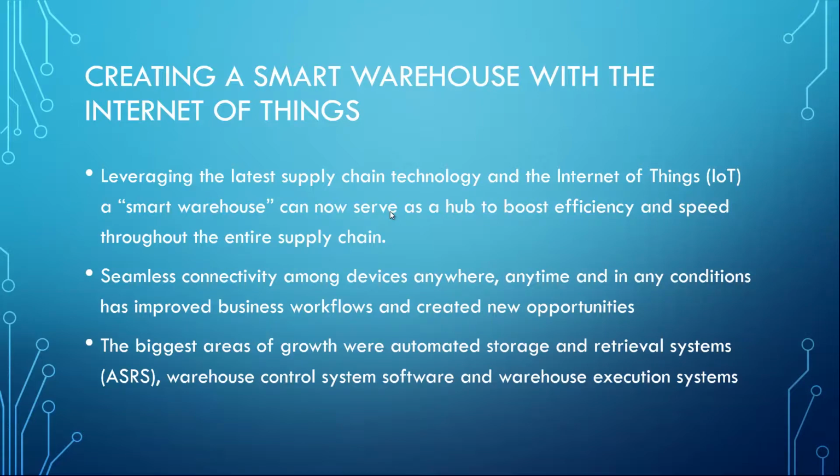So a smart warehouse can now serve as a hub to boost efficiency and speed throughout the entire supply chain. Seamless connectivity among devices anywhere, anytime, and in any condition has improved business workflows and created new opportunities. The biggest areas of growth were automated storage and retrieval systems, warehouse control system software, and warehouse execution systems.